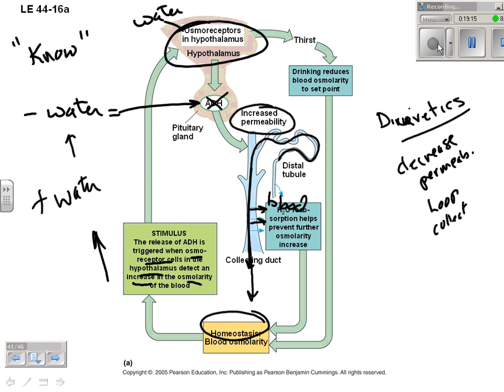So they keep water in your urine. So even though you might need water, you can get dehydrated by alcohol, coffee, and other diuretics. Antidiuretic hormone makes water go back into your blood, so it decreases the amount of water that you produce from your kidneys.